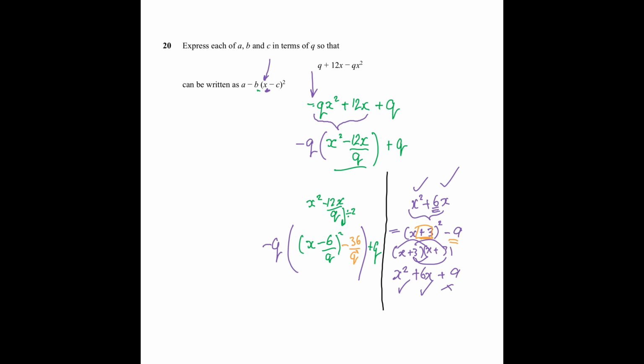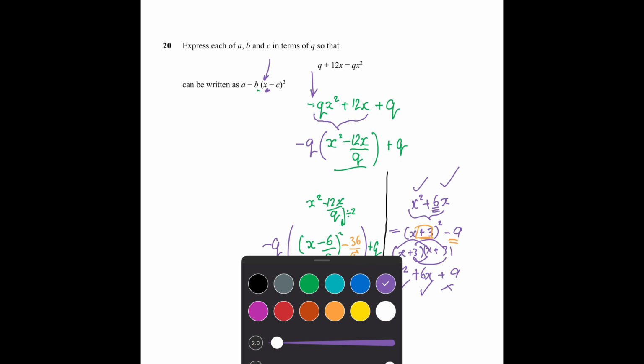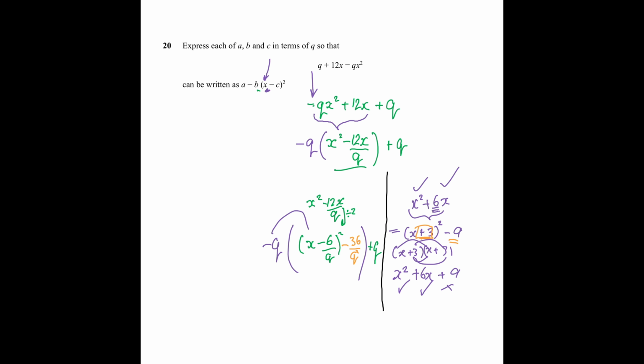Right, so all we've got to do now, we've done most of the hard and heavy lifting. We just have to do a bit of tidying up. So we'll multiply up the purple brackets first. I'm going to do these times this. So I'm going to get negative q times x, take away 6 over q squared, because I'm multiplying the whole bracket by negative q.